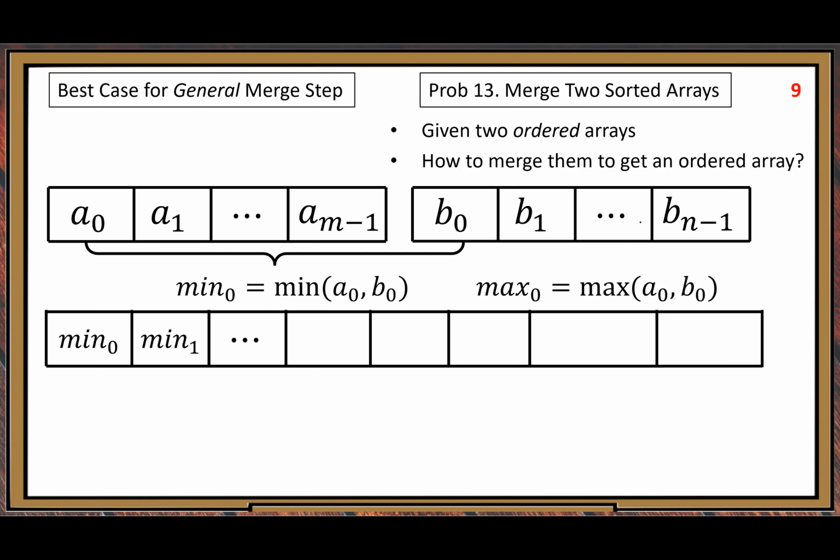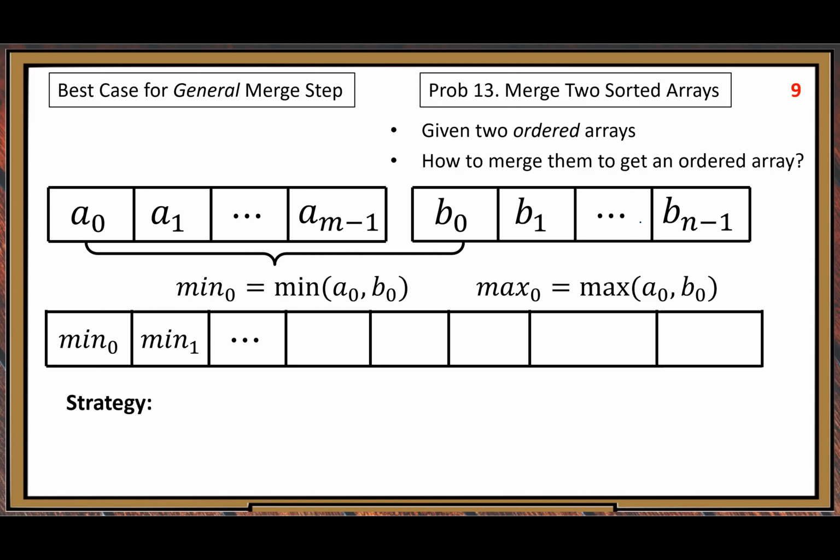After you beat all of them, then the remaining elements B1 through Bn minus 1, you do not need to do any comparison, right? Because B0 already beats all elements in A subarray. After you put all elements in A subarray in place, then you put B0 in place. For the remaining B1 through Bn minus 1, you do not need to do any comparison. You just put them right in place in the destination array immediately.